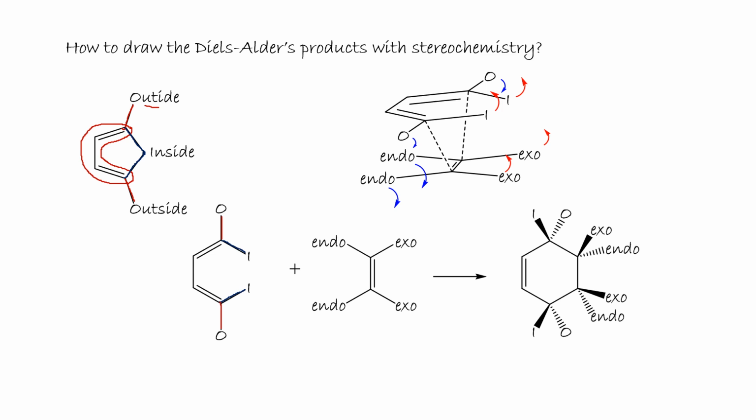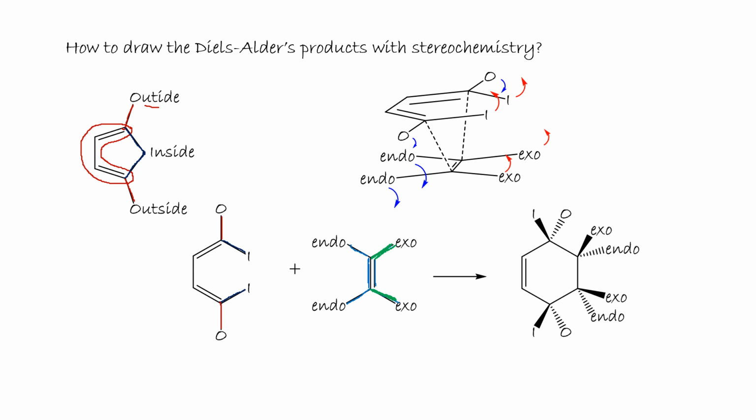For the dienophile, the group on the left will be endo, and the group on the right will be exo. So this is exo, this is exo.